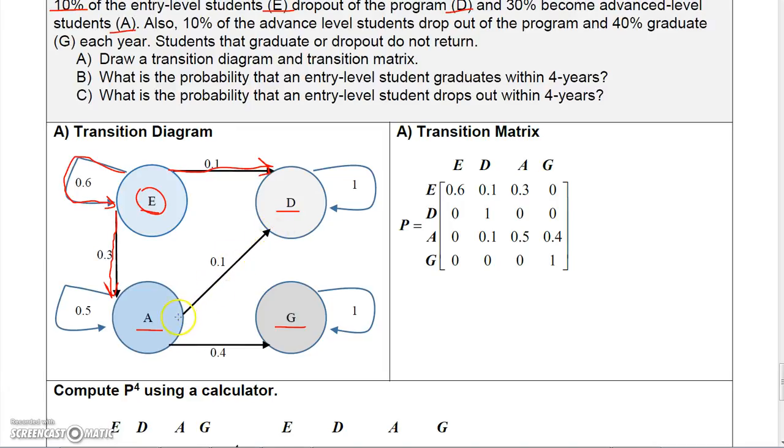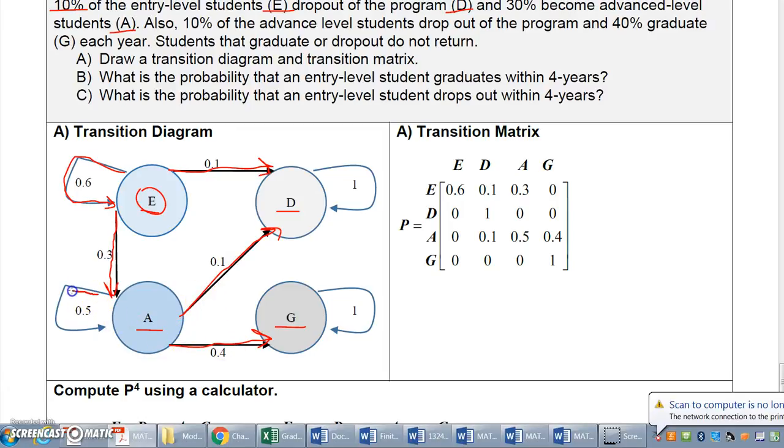So we've got 10% dropping out, but we know that 40% of those graduate. So that means if 10% drop out and 40% graduate, that means that 50% remain in the program, so they return to the advanced level state.